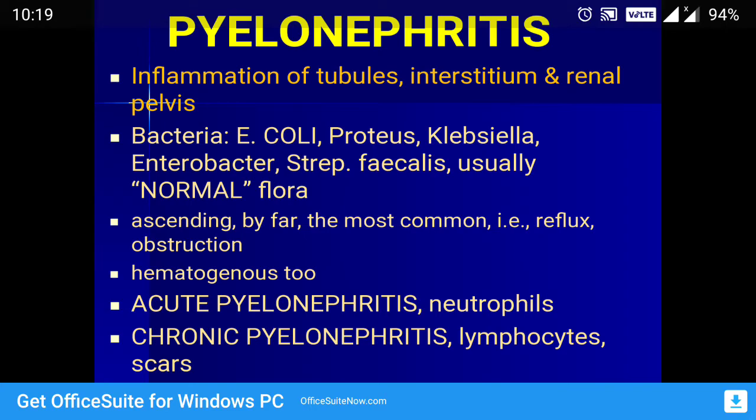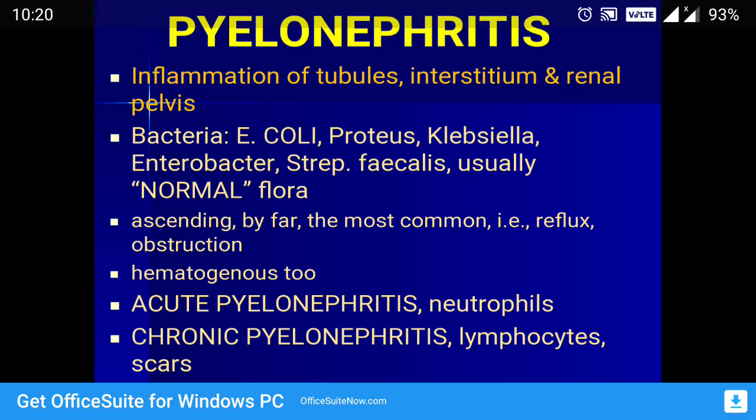Then coming to pyelonephritis. Pyelonephritis is inflammation of tubules, interstitium and renal pelvis, due to bacteria. There are two types of pyelonephritis, acute and chronic. As you know, acute means there will be neutrophils; the type of WBC seen in acute inflammation is the neutrophil.